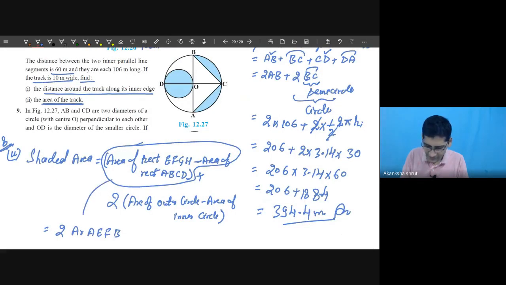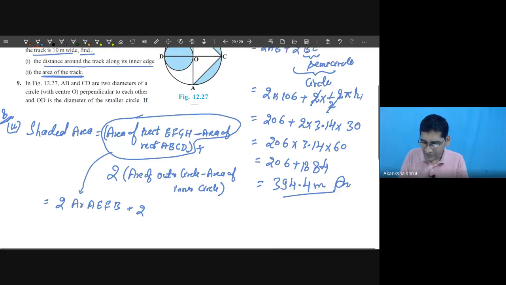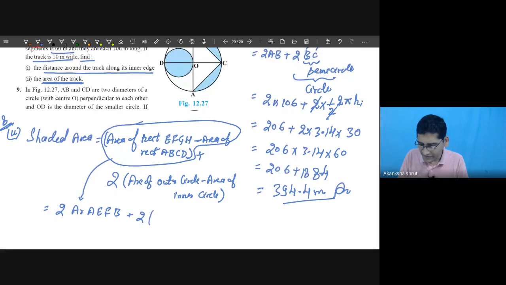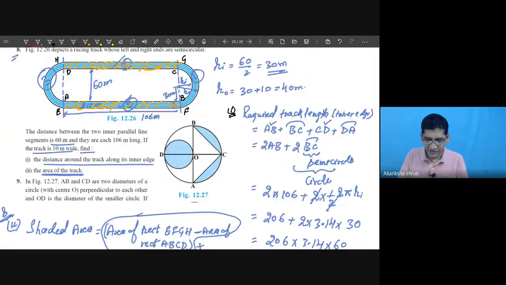Means even the first one can be written like this. Plus twice the, observing this, we can write pi R out square minus pi ri square. The outer was there, the inner was there.